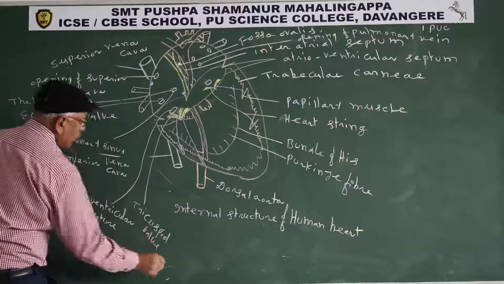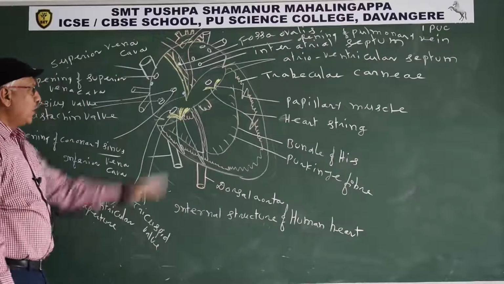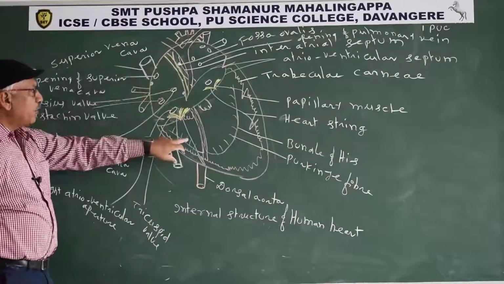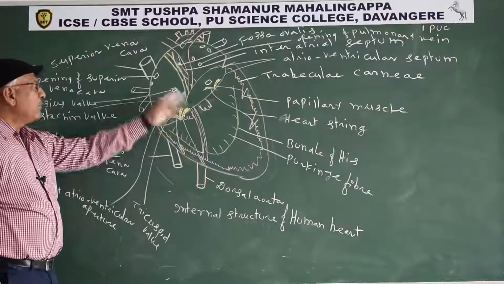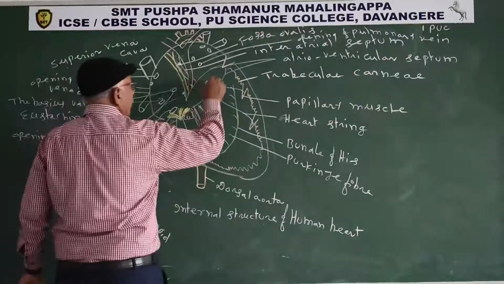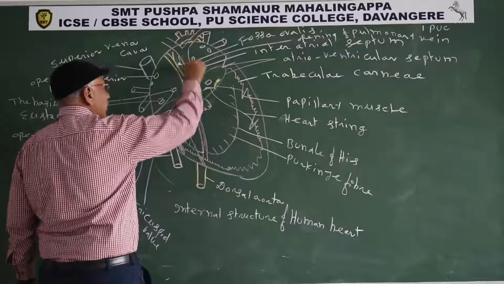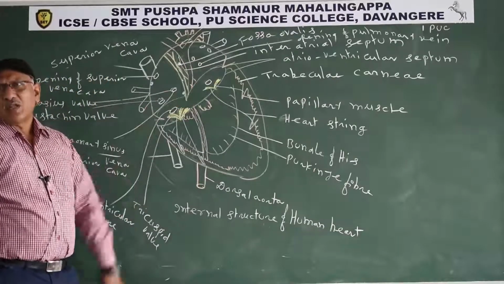The valve function is the same: it prevents backward flow. The tricuspid valve allows the flow of blood from the right atrium into the right ventricle and prevents the backward flow from the right ventricle into the right atrium. In the atrioventricular septum, the opening between the left atrium and left ventricle is known as the left atrioventricular aperture.